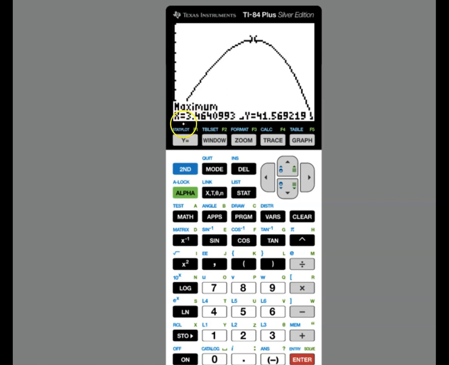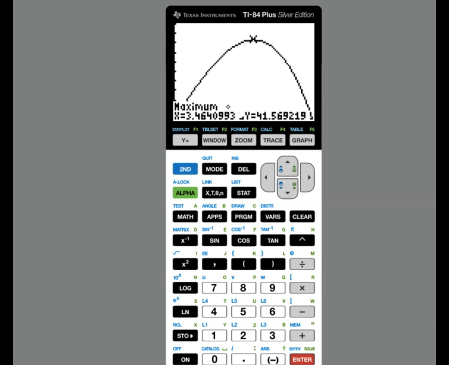So the x value of 3.46 would represent the x value that will give us the largest possible area. Okay, so the largest rectangle possible, the value of x is 3.46.